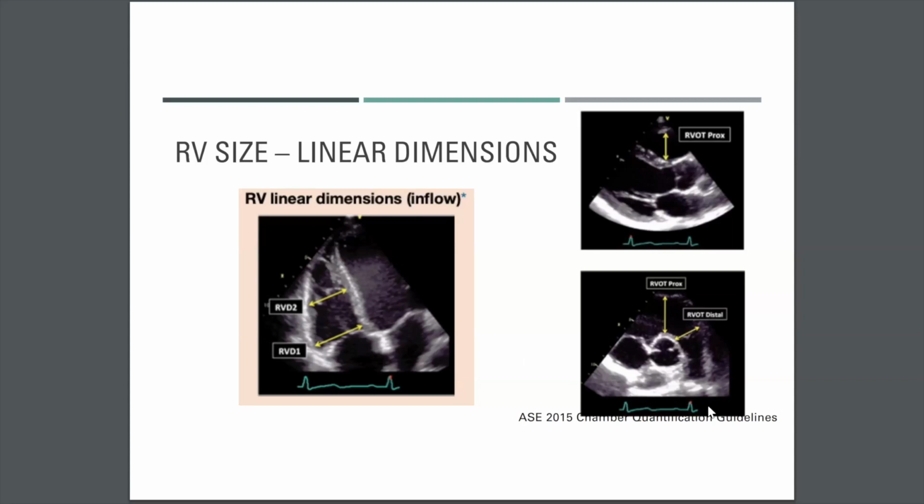These are two other measurements we can perform to estimate RV size. I think most of this we do visually. We don't necessarily measure it, like the RVOT diameter in the short axis and in the parasternal long axis. Certainly these, like I said, we do visually. We don't normally measure them because, even though they're easy to do, they can vary vastly based on how you acquire the images.